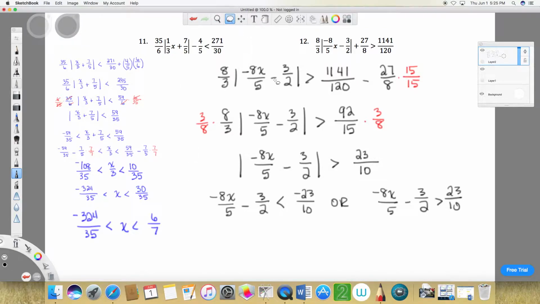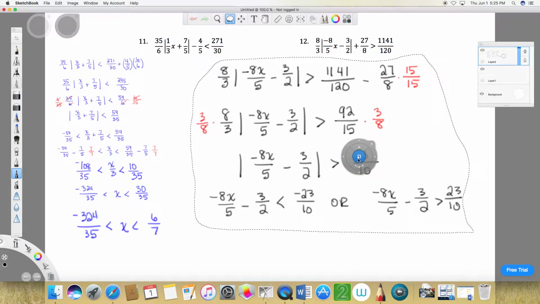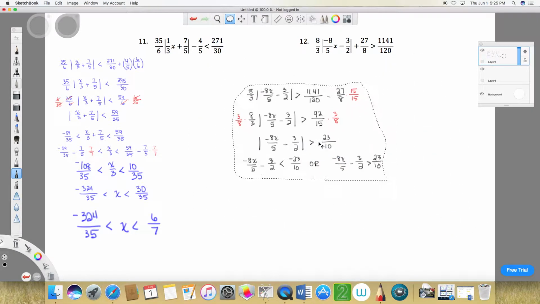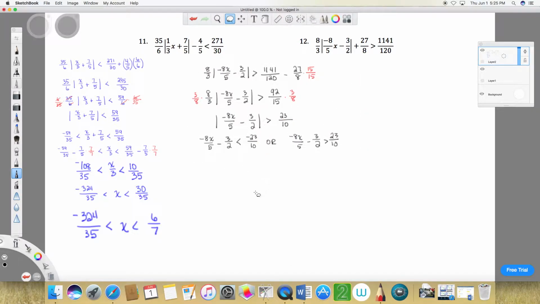Let's shrink this up a little bit, give myself some room. All right, so here in this inequality, let's solve it first. Let's add 3 halves to each side. So we've got negative 8x over 5 is less than negative 23 over 10, but we're adding 3 over 2, so we need to get a common denominator.